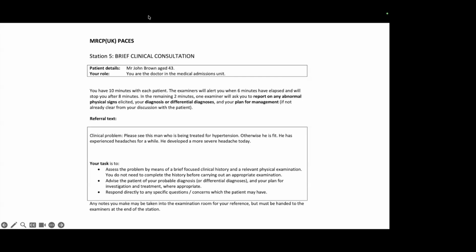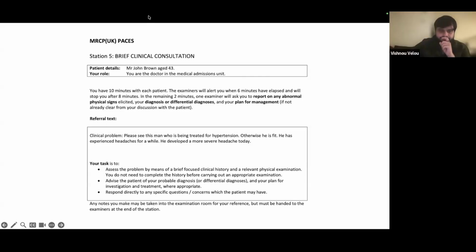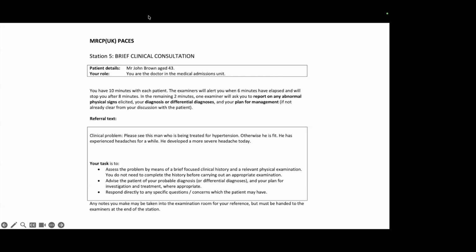For now, I'd like to examine your neurological system to check if there's any associated weakness or asymmetry, and examine your eyes as well to see if it's affecting your eyes. I'd also like to examine your abdomen to see if there are any masses in your tummy.